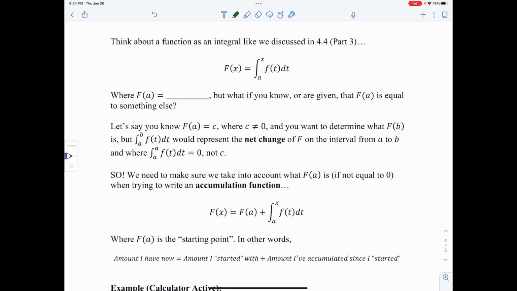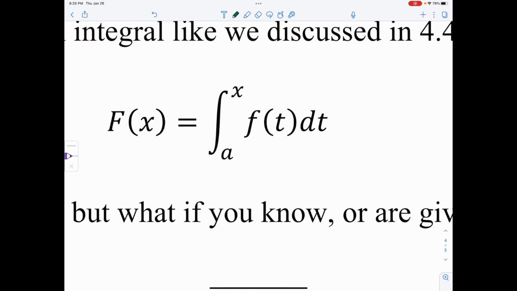So in 4.4 part 3, when we were talking about the second fundamental theorem of calculus, we talked about treating the definite integral as a function, an accumulation function, to be more specific. So in this case, whatever capital F of x is being evaluated at, that's what gets plugged in here.